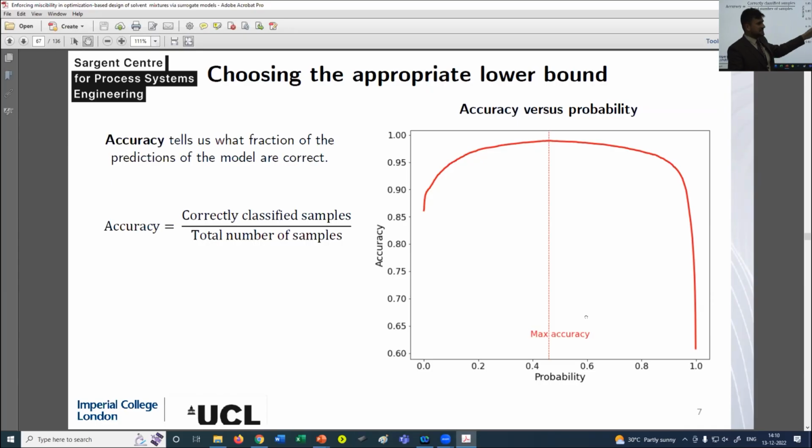So for example, if it is less than 0.1, then the mixture would be immiscible, and if it is greater than 0.1, then it would be miscible. And if you choose that probability, we would get very low accuracy. So we would misclassify a lot of samples. So what we try to do is look for the maximum accuracy, and we use that probability value as our lower bound.